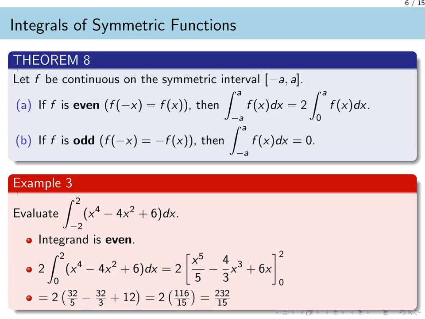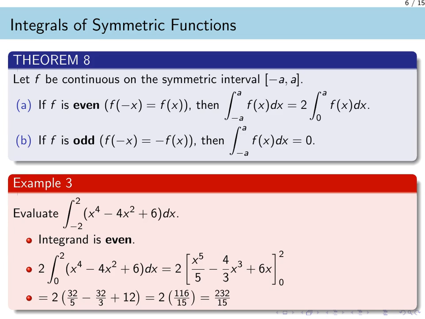For these functions, the integral from -a to a is simply 2 times the integral from 0 to a. An odd function, where f of -x equals -f of x, is symmetric about the origin. Here, the positive and negative areas cancel each other, making the integral from -a to a equal to 0.